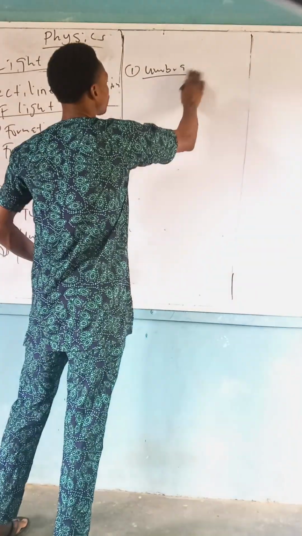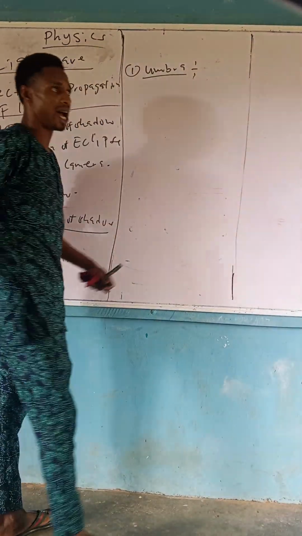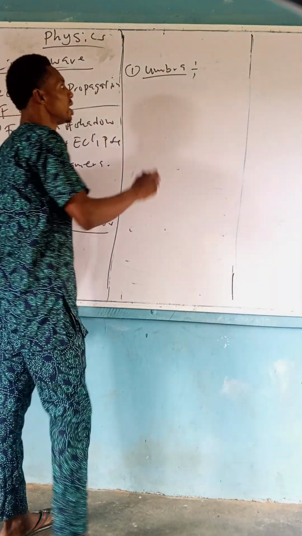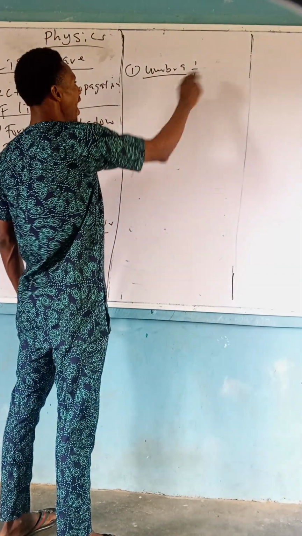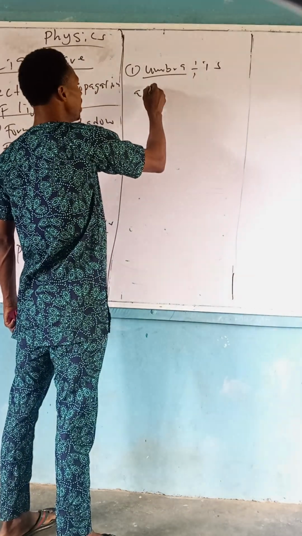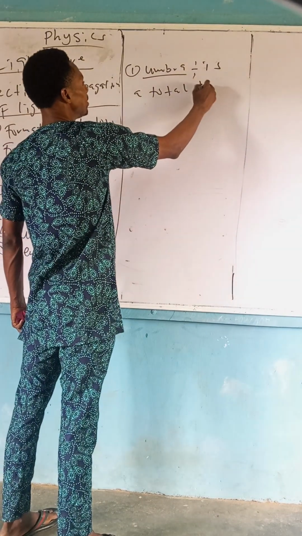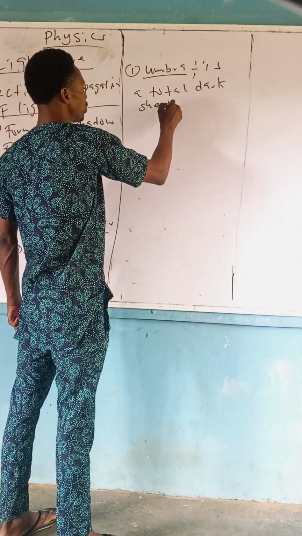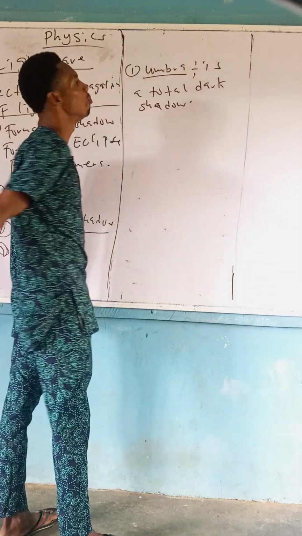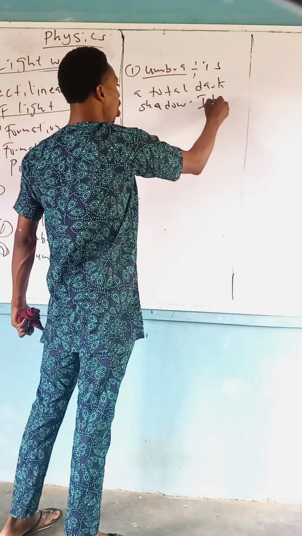Umbra is a completely or total dark shadow. That is umbra.